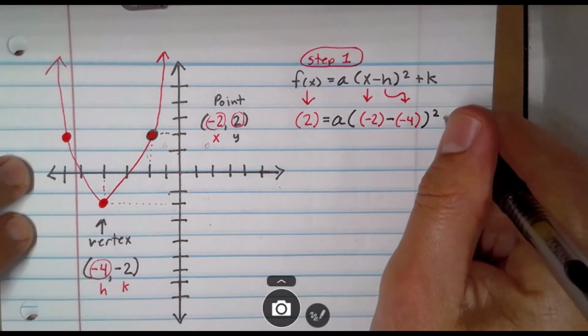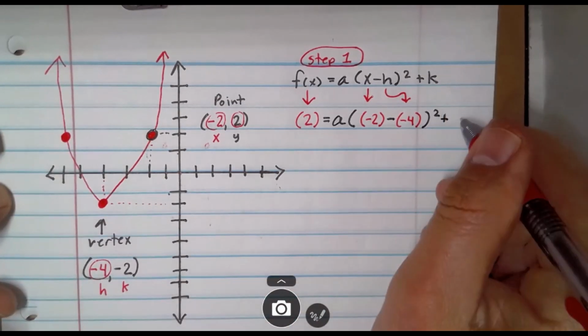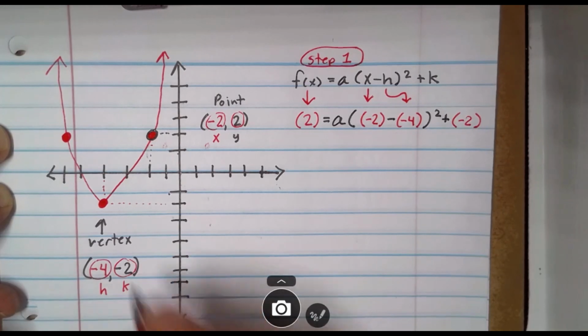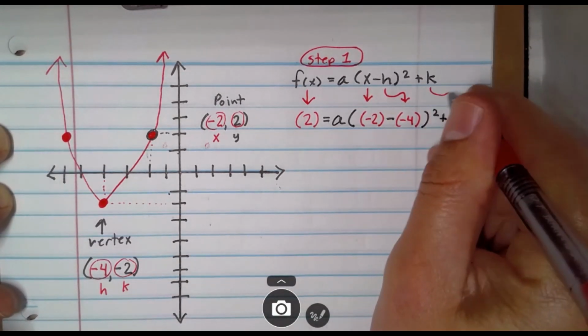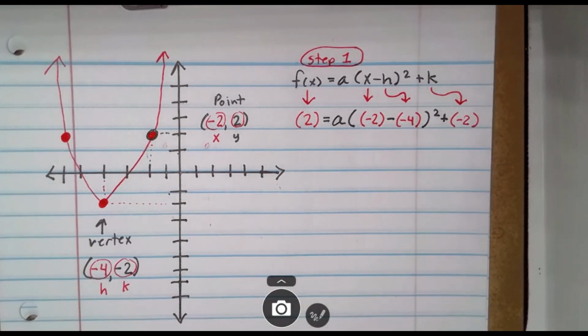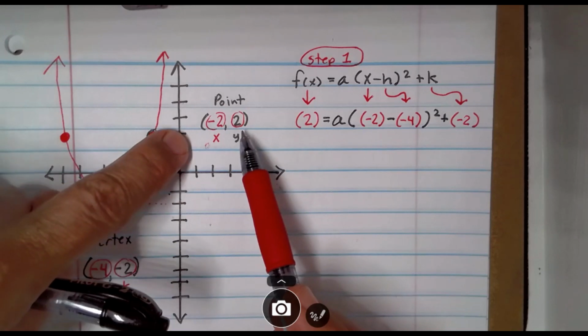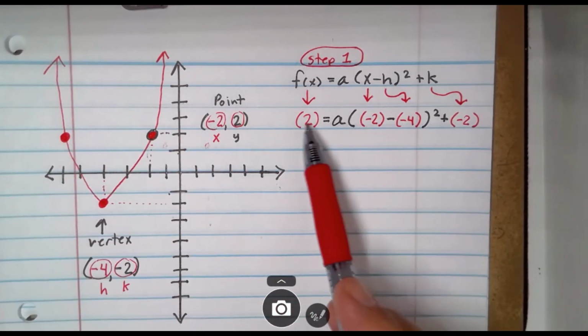So I'm going to put plus negative 2, and that's this value from k right here. Once again, you can see that I used the vertex h and k points to replace h and k, and I used my point x and y values to replace my x and y.